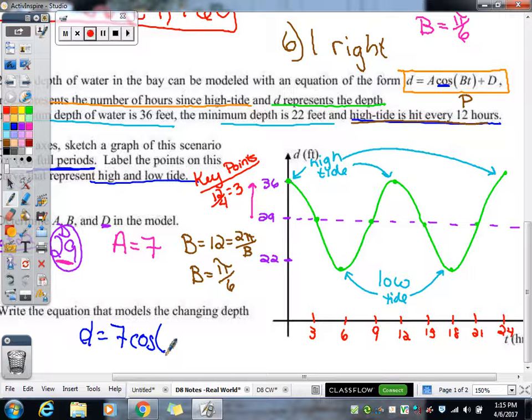Our B was pi over 6, so I'm going to put pi over 6t. And then plus what? Plus 29, our D value of 29. So these ones really aren't that bad. You just have to take the information they give you and interpret it to figure out your A, your B, your C's, and your D's.